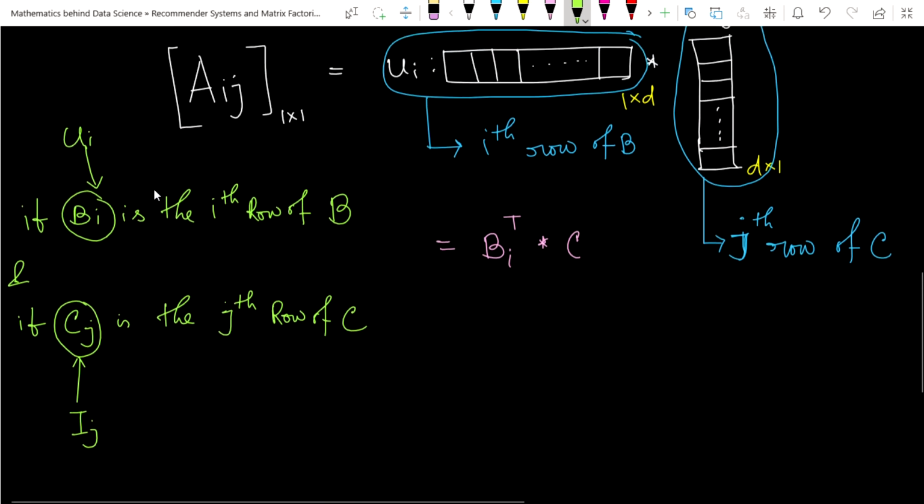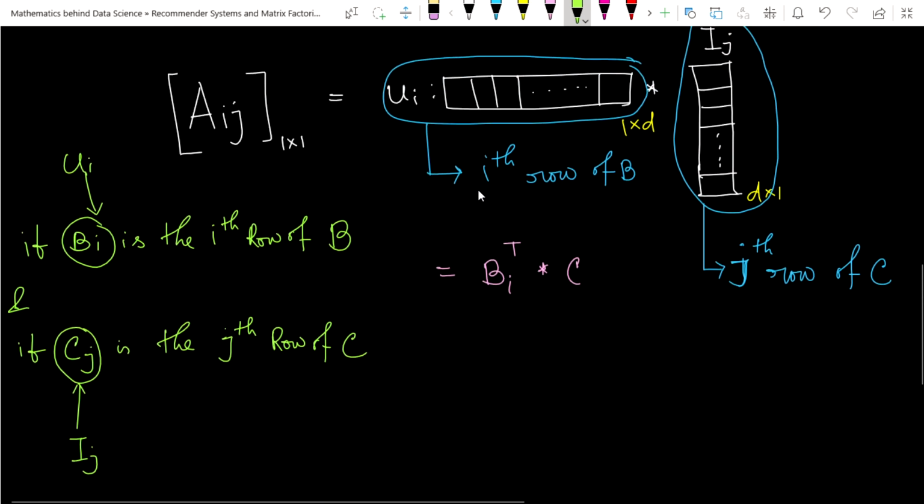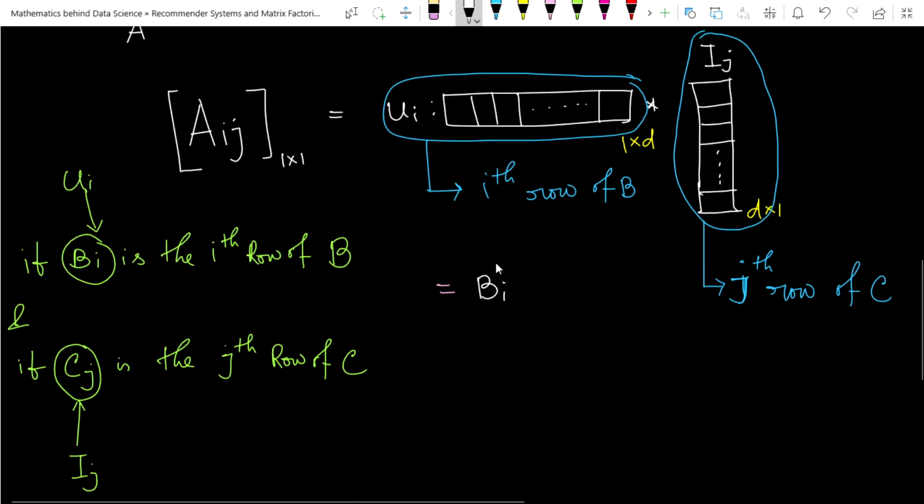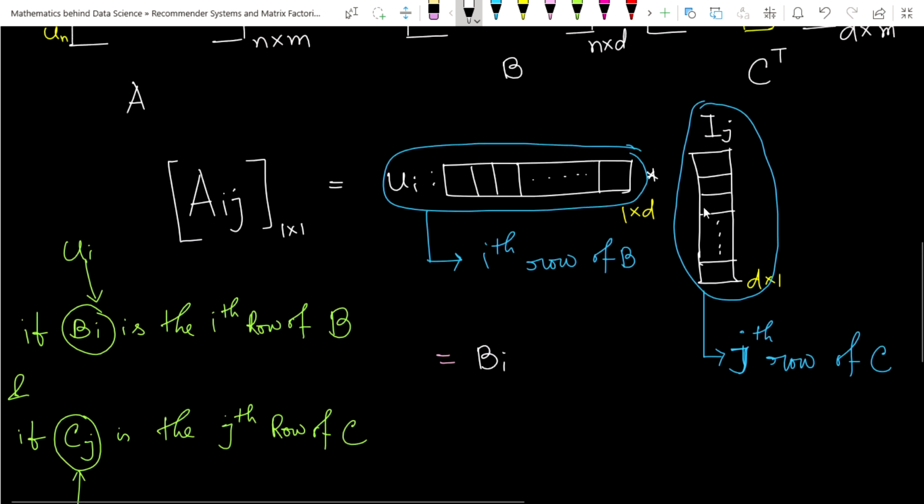So now if bi is the ith row of B, this vector will be bi, the ith row, and the jth row of C. Cj here we have taken as a column vector, so we have to use Cj transpose.